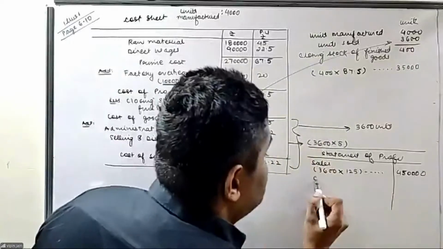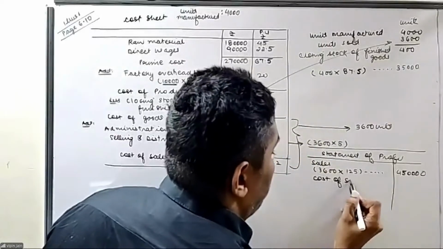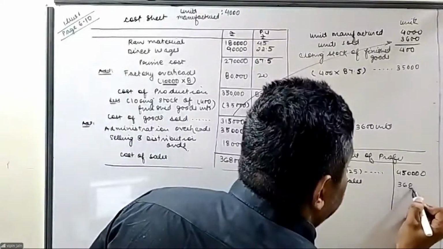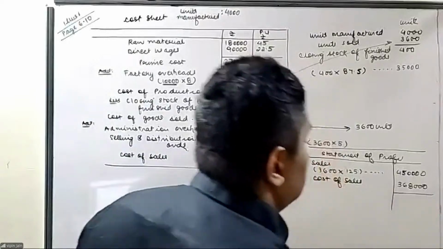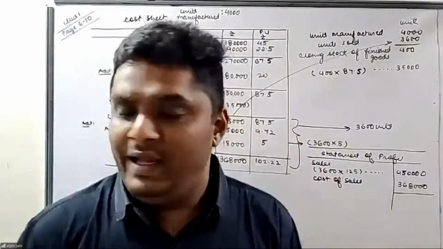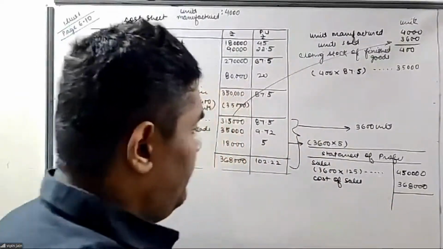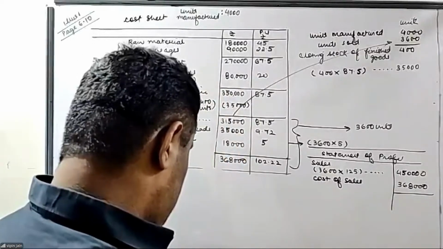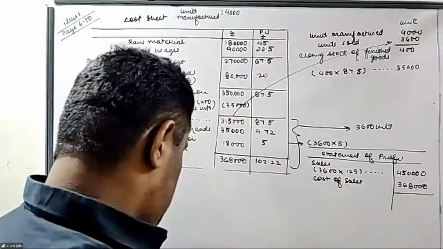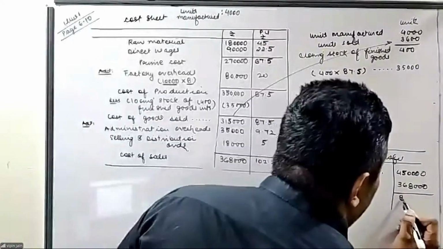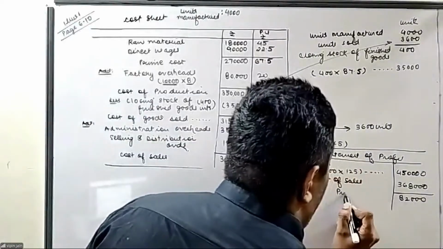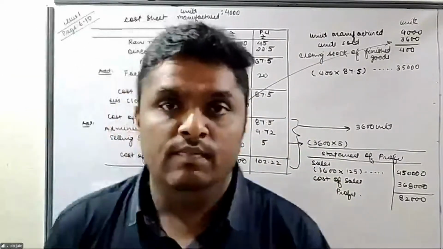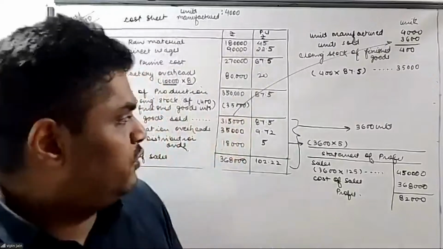And my cost of sales for 3,600 units is 3,68,000. So the final profit will be 82,000. So this is the way you have to present the solution.